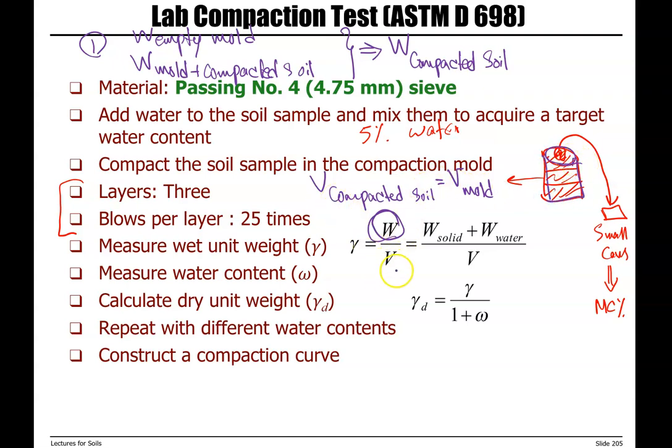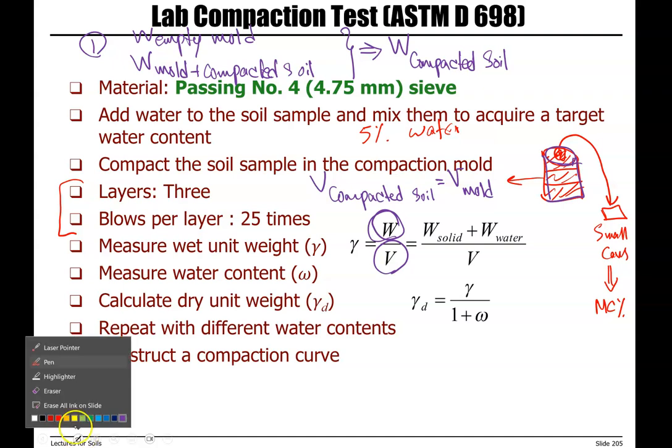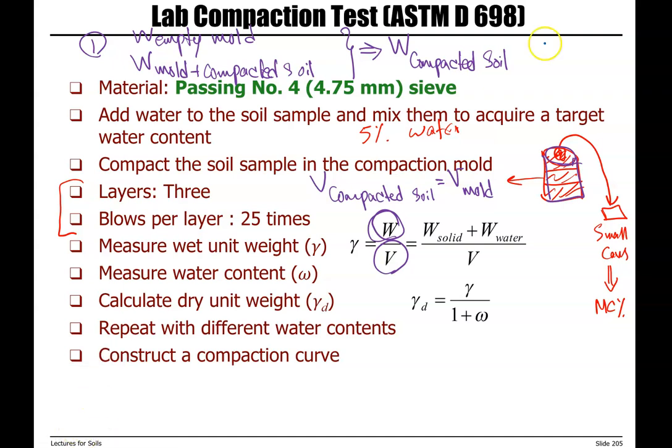And that's our volume. Using these two numbers, we calculate unit weight, moist unit weight of our soil. That's the first measurement that we need to do. Second, we need to do the small can thing to calculate moisture content of our soil.